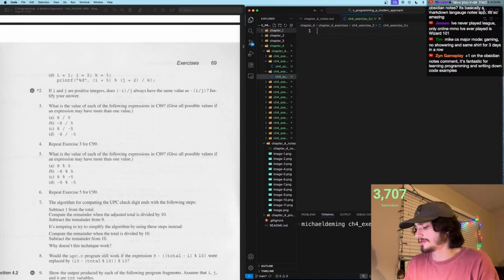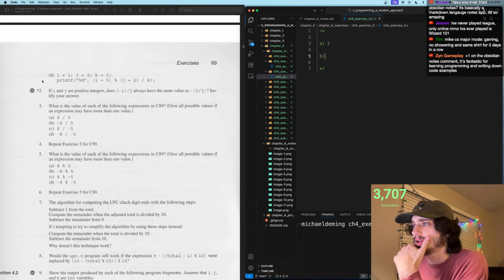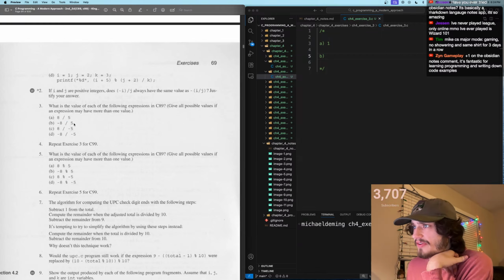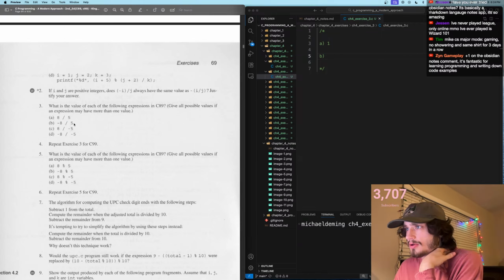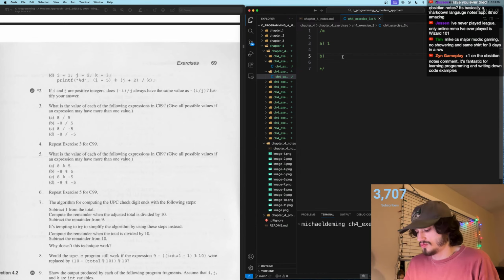Let's do this. This is going to be C. Okay. A is going to be 1. B is going to be -8 divided by 5. It could go up or down, so it would be either -1 or -2.